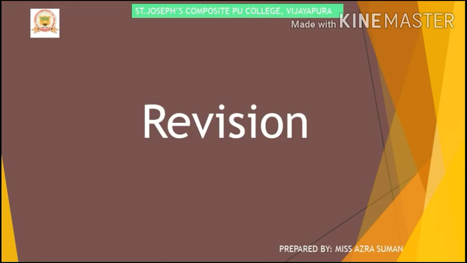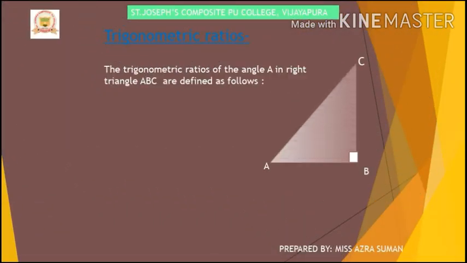See the revision part, which you learned already in your lower classes related to this chapter. Trigonometric ratios. The trigonometric ratios of the angle A in right angle triangle ABC are defined as follows.